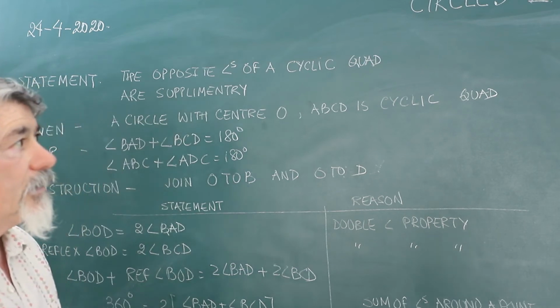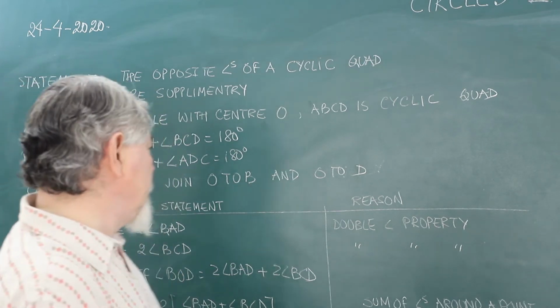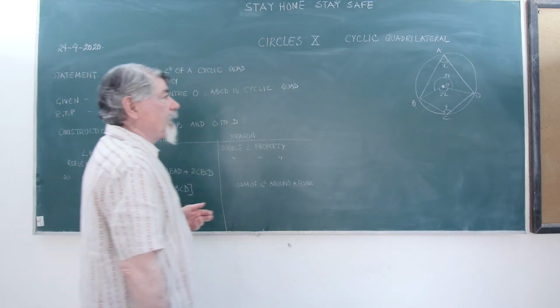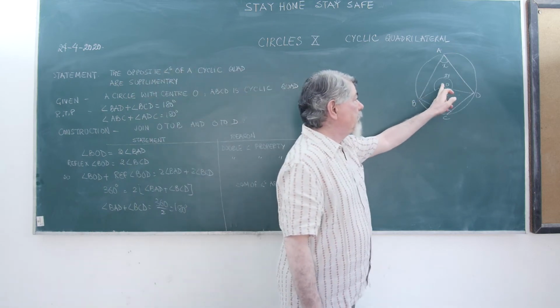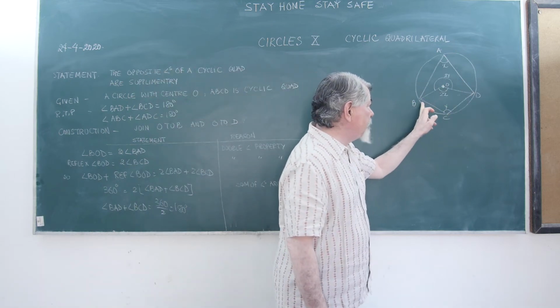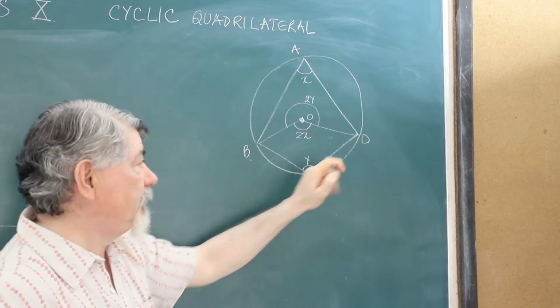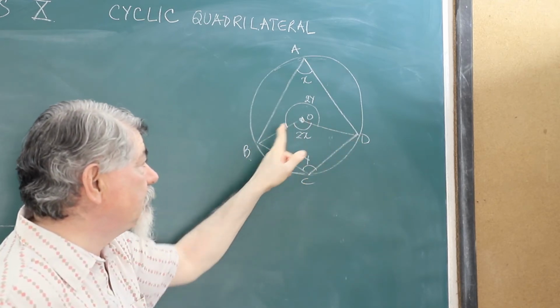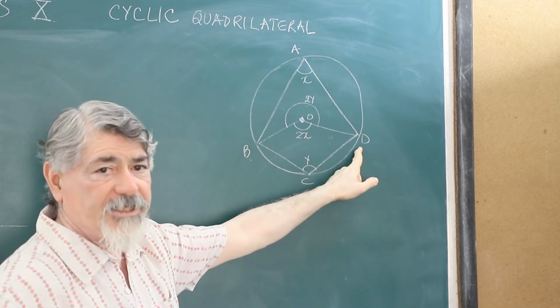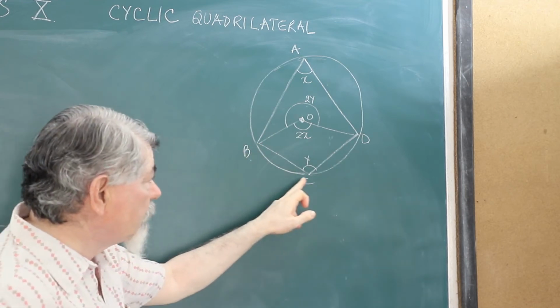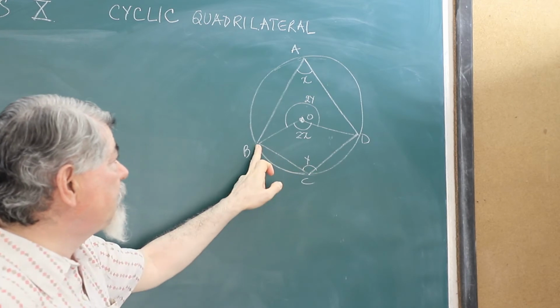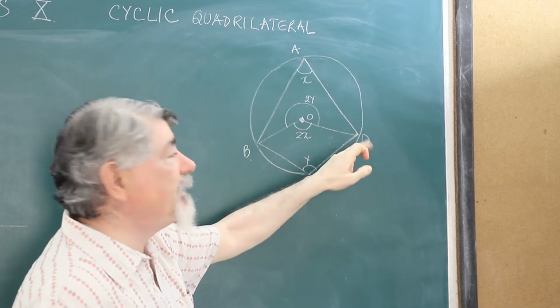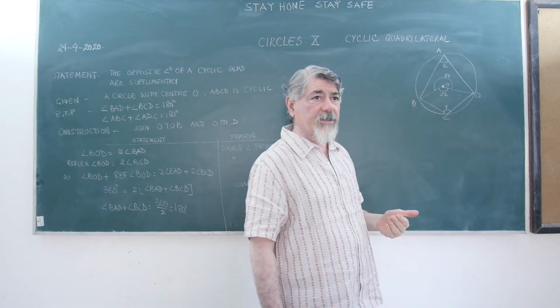Now let us look at how we are going to prove it. We are going to say that this angle BOD is subtended by the arc BCD. BOD is the angle subtended at the center by the arc BCD. And the same arc BCD subtends angle BAD at the remaining part of the circumference.